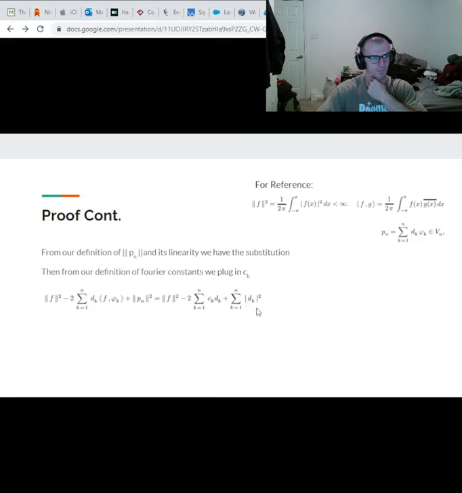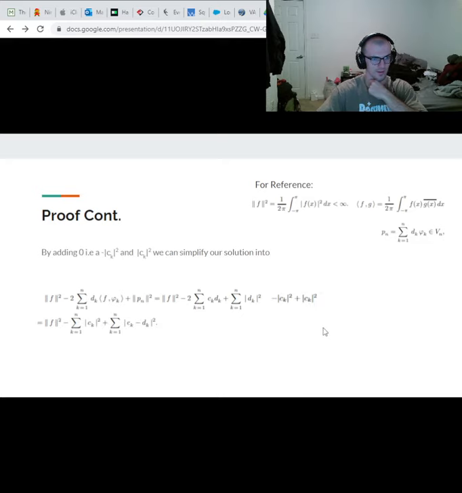However, we would like to transform these values into something we know plus something else. We can do that by adding a positive c sub k squared and negative c sub k squared within the summation, such that it's summed over all n that I might not have included.